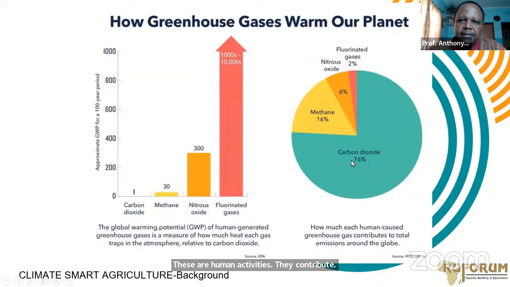Carbon dioxide, 76%. Methane, we said 16%. Do you remember this group of gases? Anybody? Where do they come from? I mentioned refrigeration. You remember refrigeration?